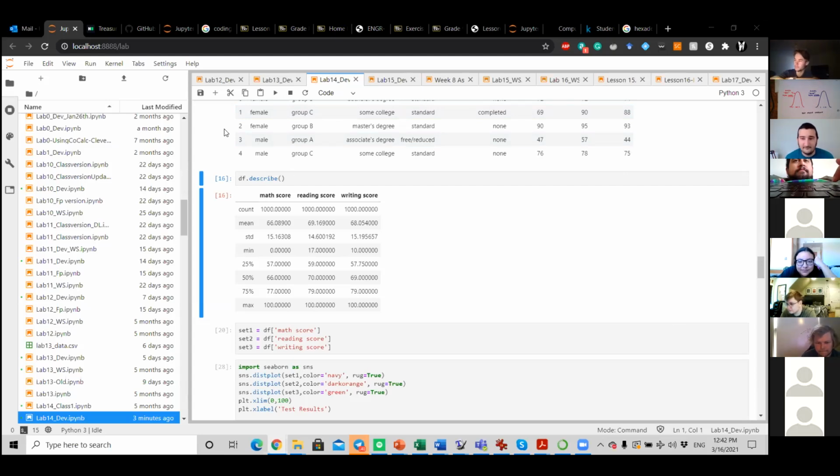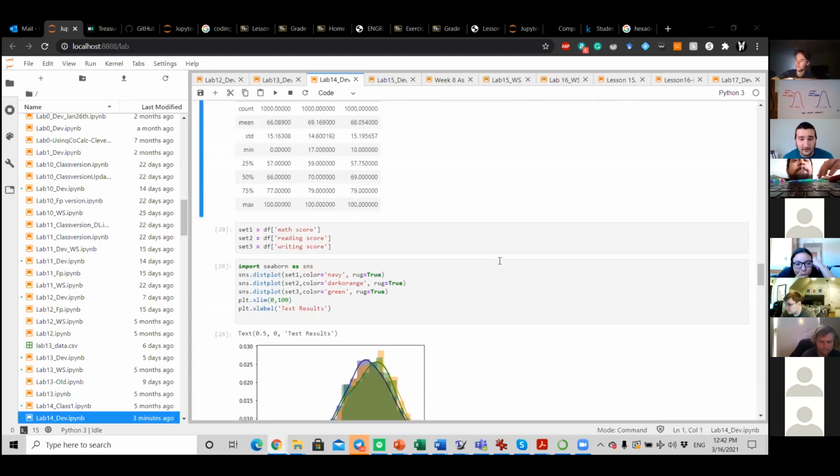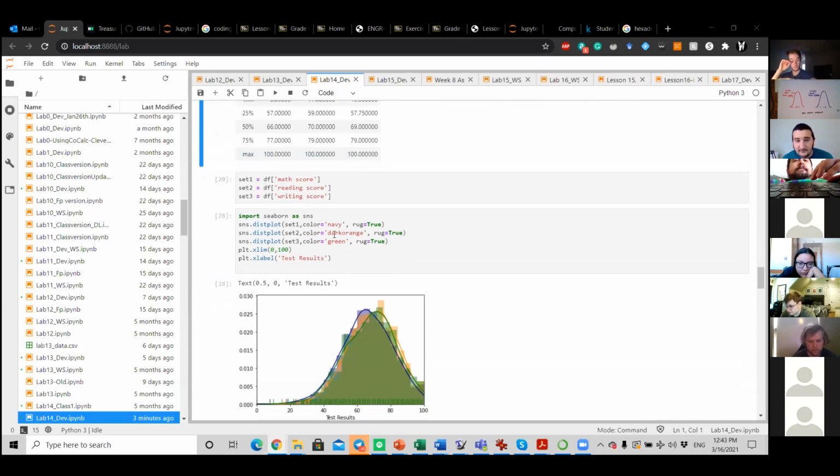Okay. So moving on, I'm going to define 3 sets. Set 1 is going to be my math scores, set 2 is going to be my reading scores, and set 3 is going to be my writing scores. And I'm going to import the Seaborn external package, and I'm plotting the histograms with a KDE using the distplot.